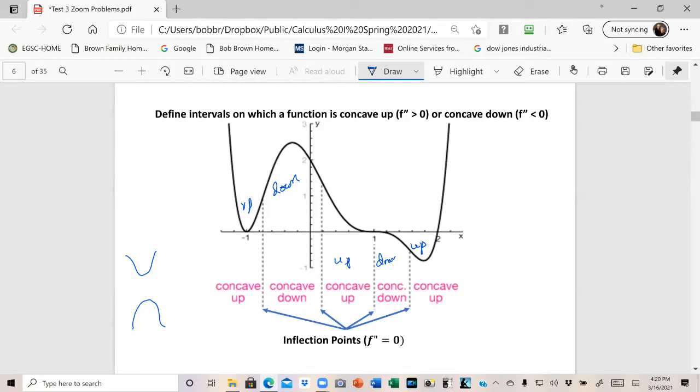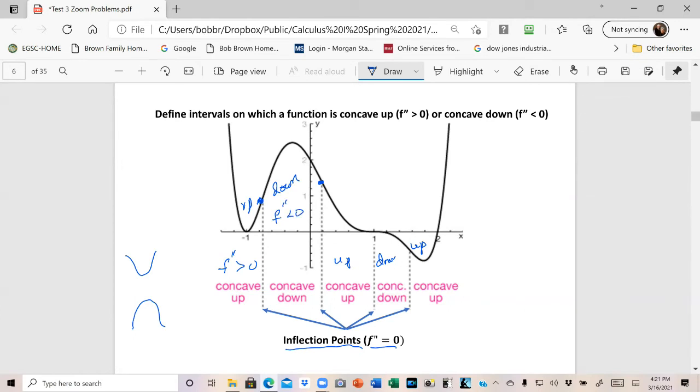And there are points between the regions where it's up and down called inflection points. And at these particular points, the second derivative will be 0. Now, if it's concave up, the second derivative is more than 0. If it's concave down, the second derivative is less than 0.